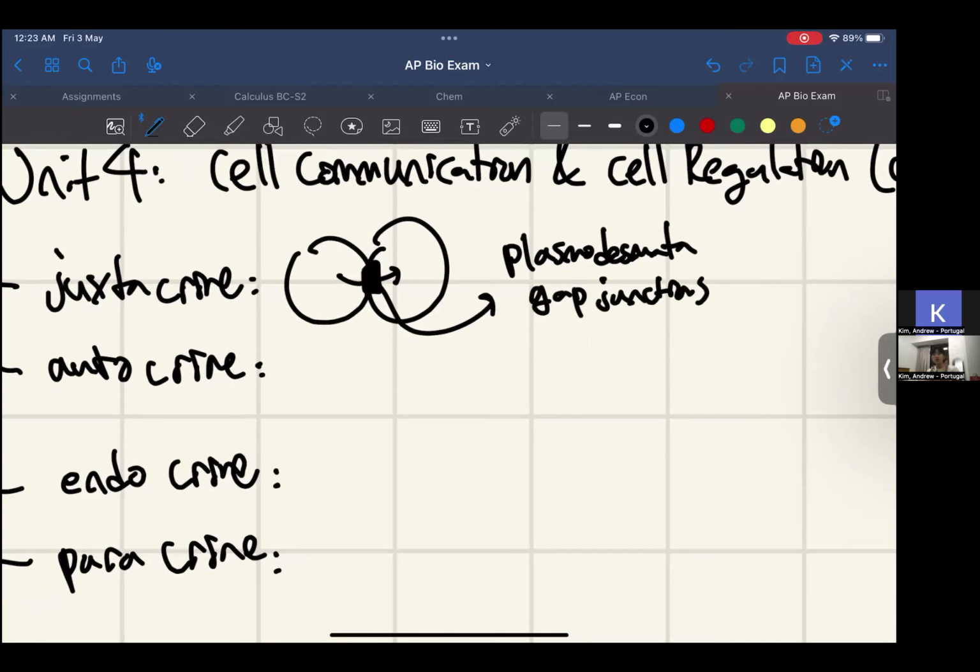So again, juxtacrine only happens between two cells that are touching each other, and the chemical components, equivalent to messages, just move from one cell to another through this secret door.